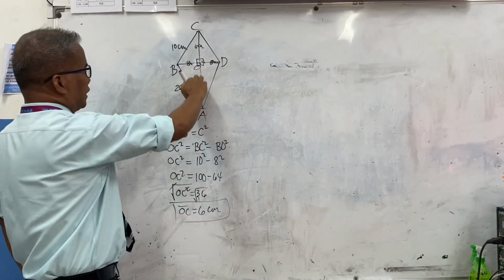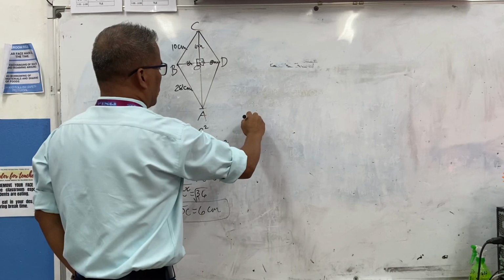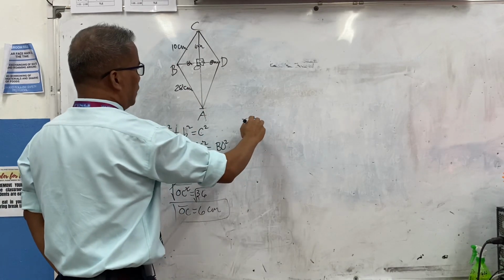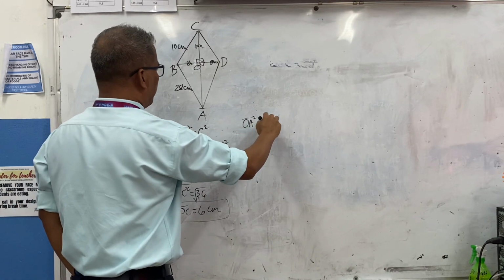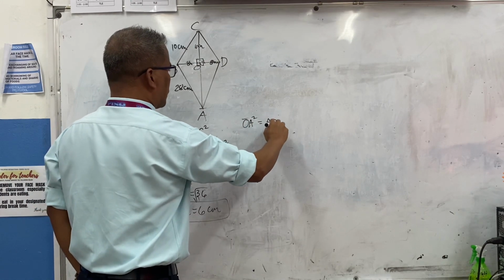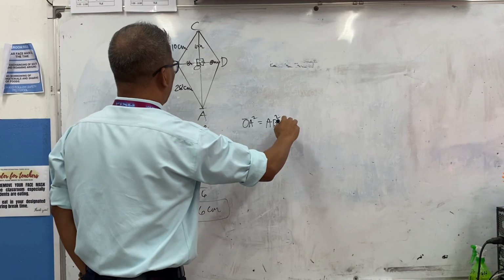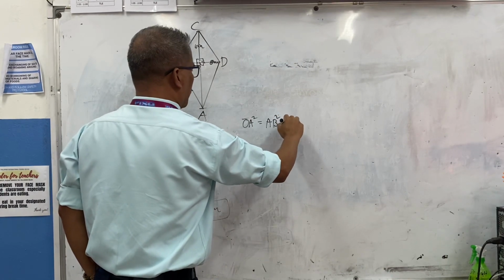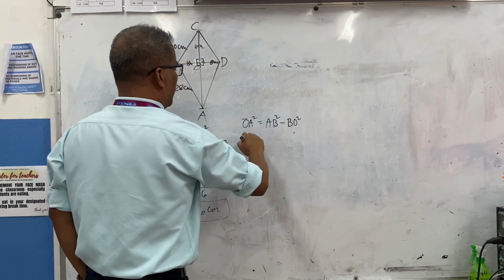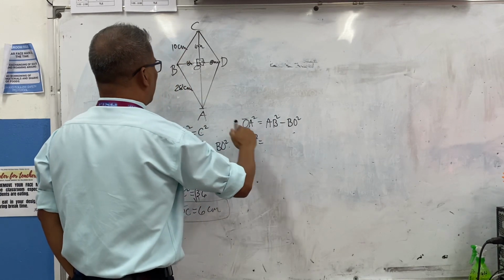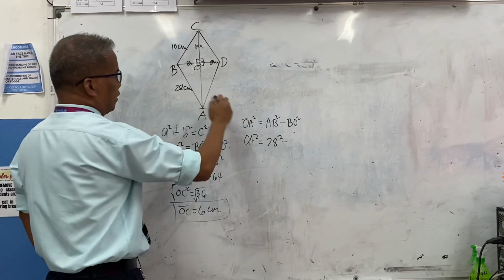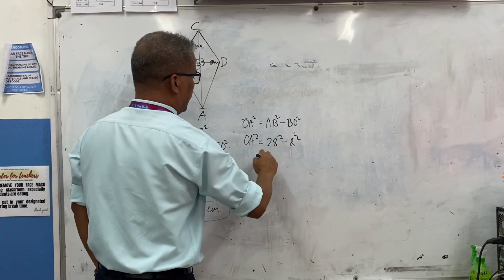To find segment OA, the formula is OA squared is equal to AB squared minus BO squared.